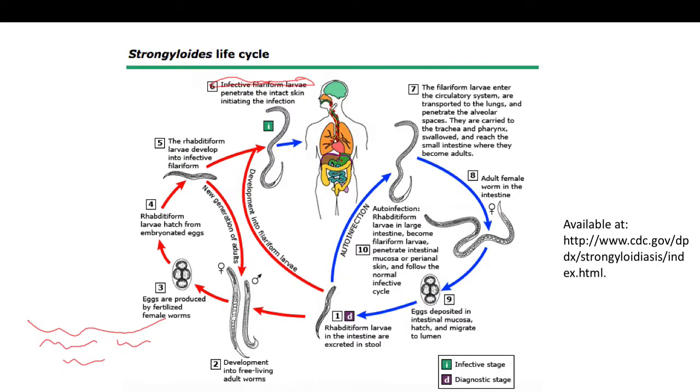The infection is going to be acquired through contact with the skin of the host. It is important to know that it is not painful. The larva can penetrate the skin without causing any pain. It can cause some itching, but it's not painful. So when it enters in contact with the skin, it can infect the host.